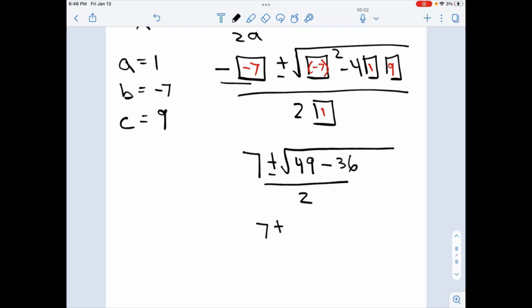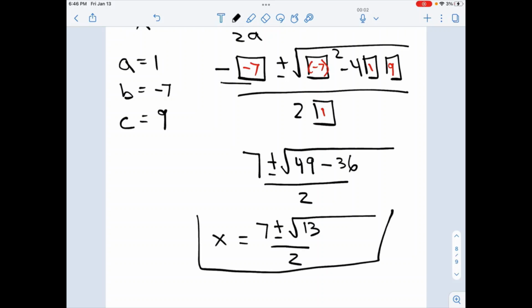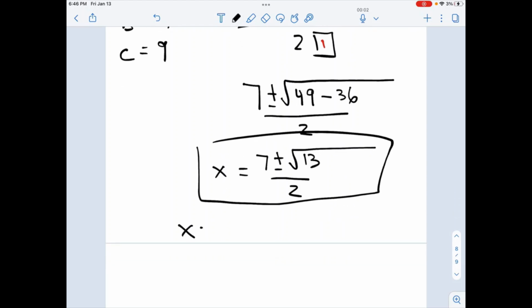So then 7 plus or minus the square root of 49 minus 36, which is 13, all over 2. And this would be your final answer. Now what this really means is two different solutions: 7 plus the square root of 13 over 2, and the solution 7 minus the square root of 13 all over 2.